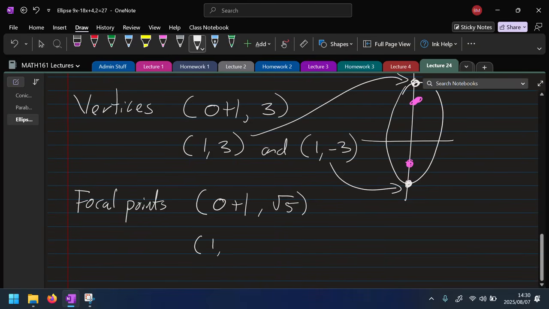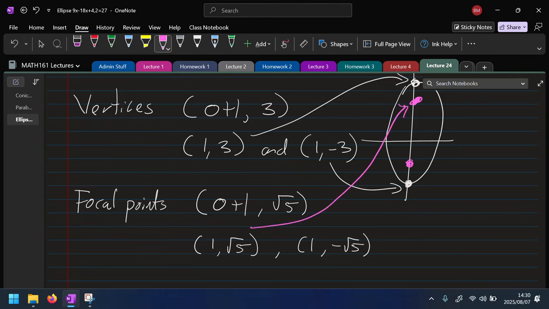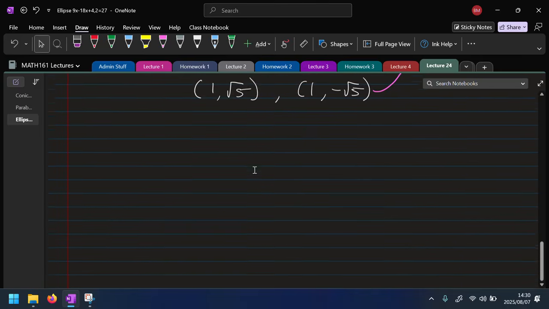So we end up with 1, root 5 for the top one, and 1, minus root 5 for the bottom one. So that'll give us our top and bottom focal points. Now we need to sketch this, so let's put everything together.